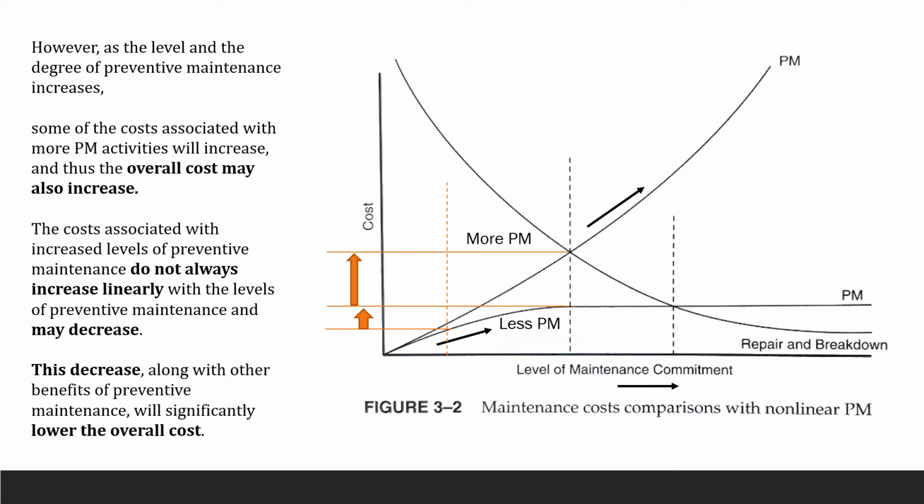That's what you're seeing, more PM, less PM, at the point of time where your level of maintenance commitment is right here. Take a look at this repair and breakdown and this PM. You're spending the same amount of money for the PM, and your repair and breakdown cost is going to go down as you increase your commitment for maintenance.